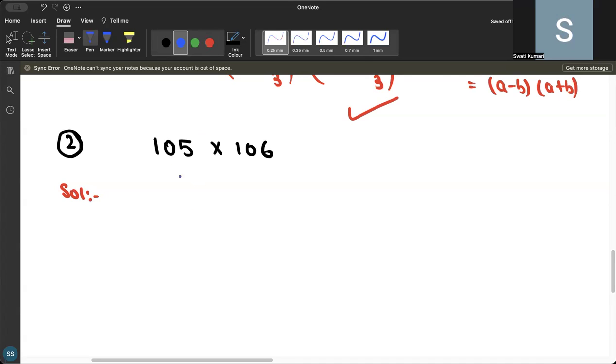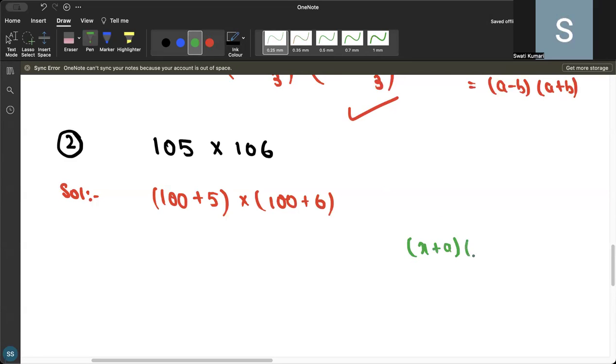So let's go ahead. We can write down 105 as 100 plus 5. And we can write down 106 as 100 plus 6. Now, this is actually in the form of x plus a into x plus b, where x is 100, a is 5, and b is 6.